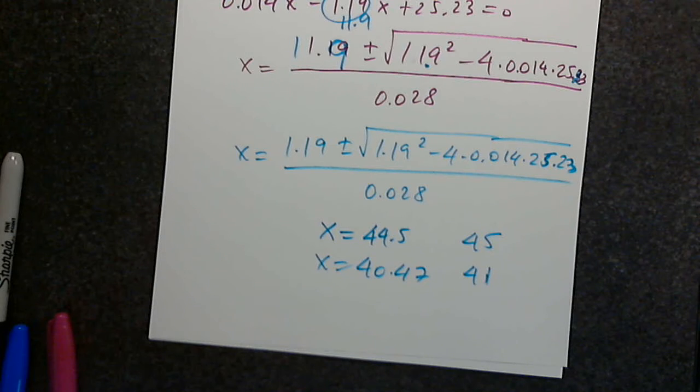So plus the square root in parentheses 1.18 squared minus 4 times A 0.013 times C, which is minus 3, right? Oh, minus 2 now, 26.25. And close the parenthesis and divide by 0.026.